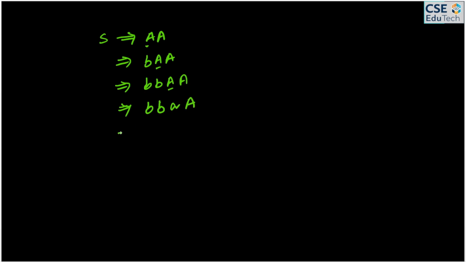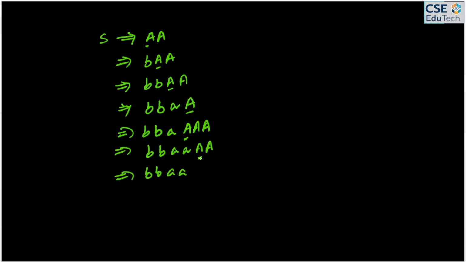Now this A on the right hand side can be replaced by triple A. Now we replace this A by small a, and again this A will be replaced by A.